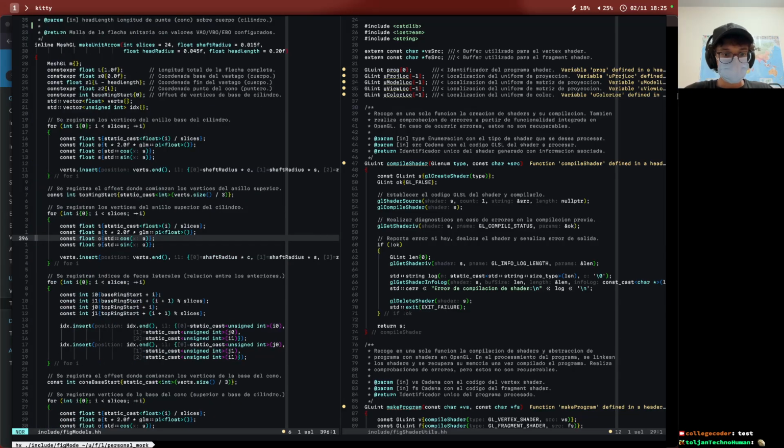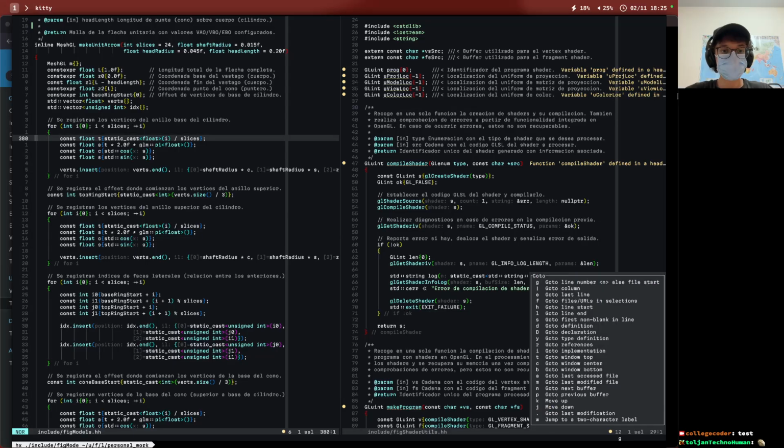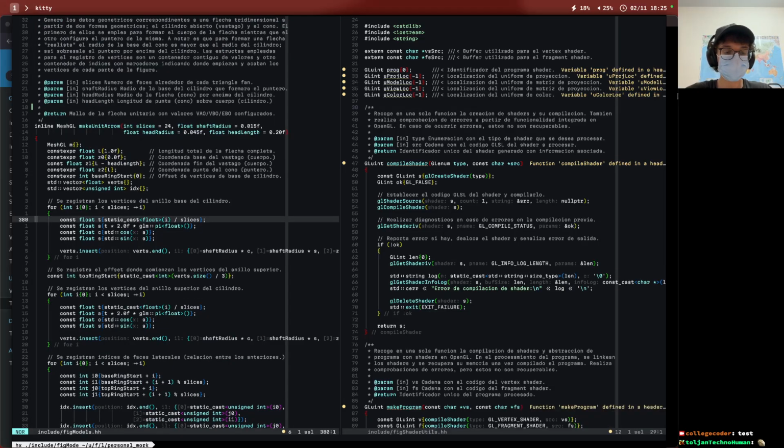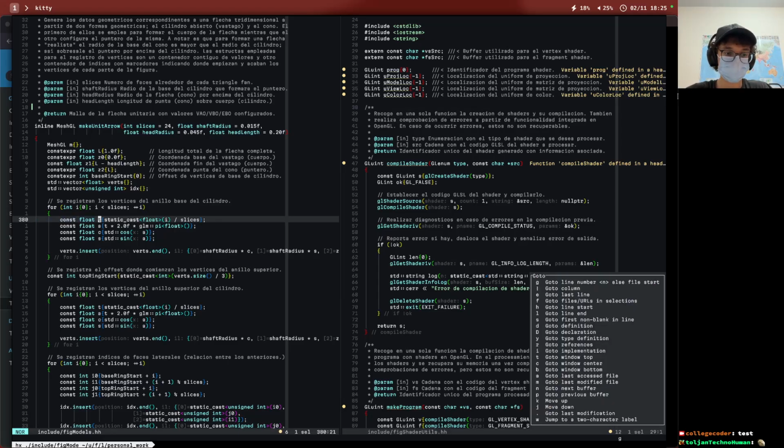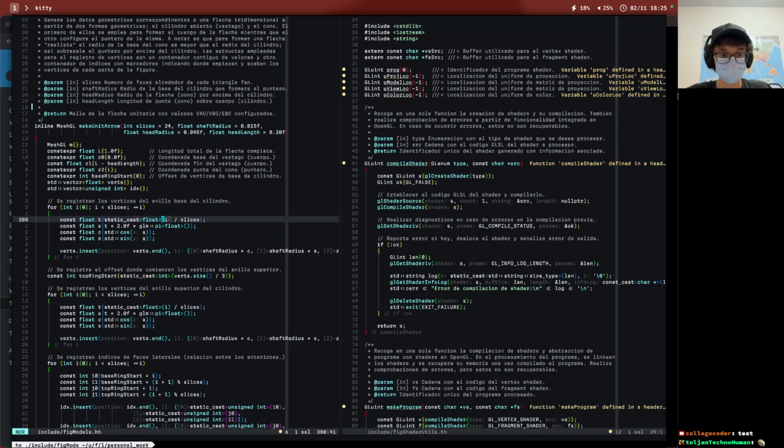There's a ton of static casts I'm doing here to types that are apparently unrelated to the current context, even though clearly they're related, because I'm creating a float variable, so I need to cast this to float to get a non-integer division. Alright, I don't like it because this is going to get so big.